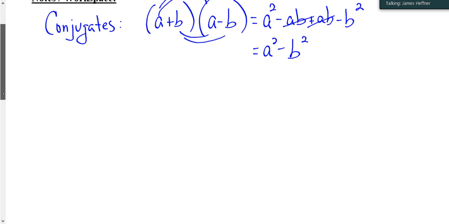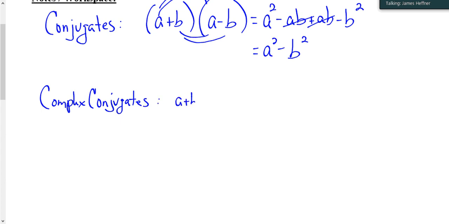Okay. And a complex conjugate, well, we know what complex is, A plus Bi. You could bet with the squaring there, you'd probably end up with an i squared, right? You'd have A plus Bi, and the conjugate would be A minus Bi.